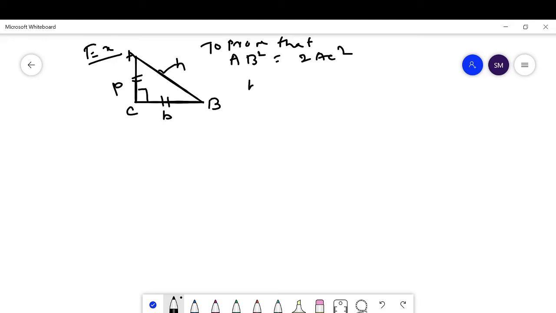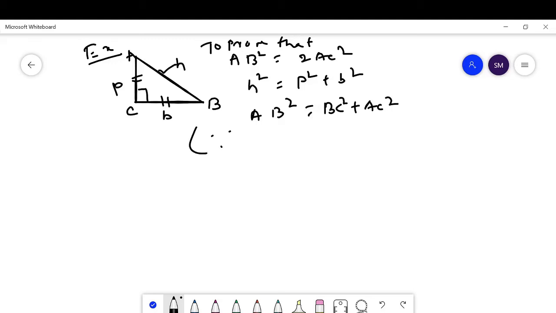Here, according to Pythagoras theorem, h square is equal to p square plus b square. Here, h is equal to AB. AB square is equal to BC square plus AC square.